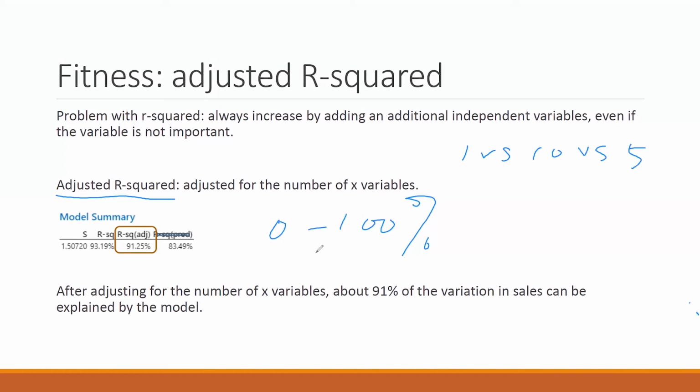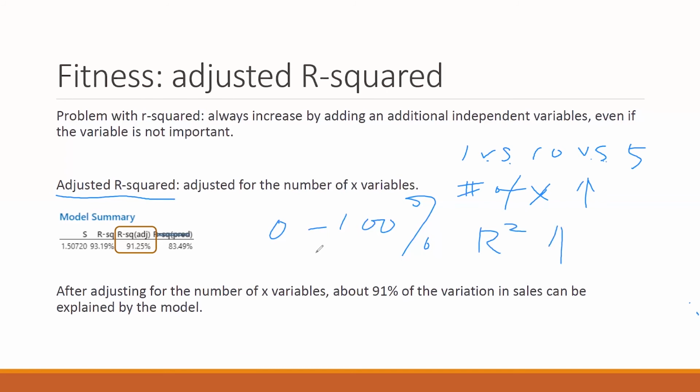Now, if I run the model, it turns out that as I increase the number of x variables, the R-squared will increase with it. And it doesn't matter whether the x variables I add to the model are related to y or not. In other words, if I just pursue a high R-squared, I can inflate that measure by adding 10 or 20 x variables, even if they are useless.